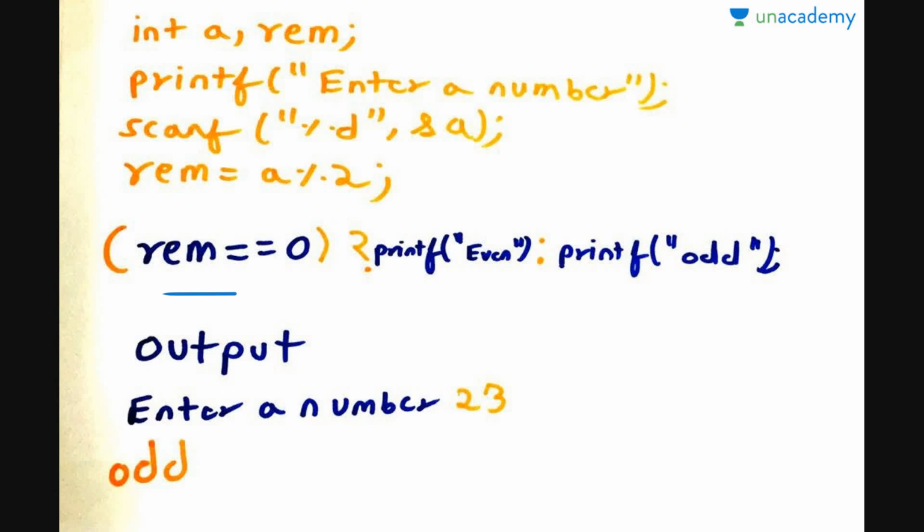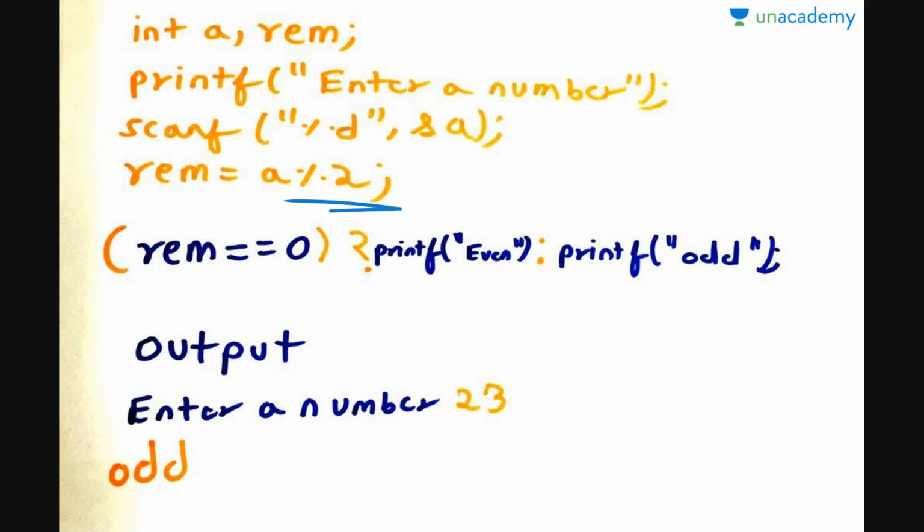Now we are using the ternary operator over here. So first here is the condition, here is the true and here is the false. So if remainder is equal to 0, question mark, printf even, else printf odd.